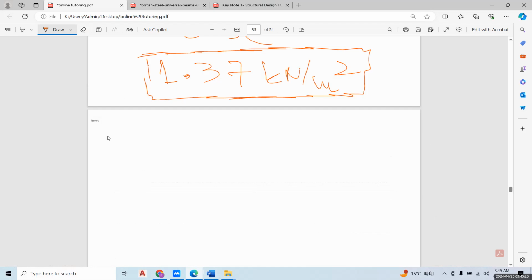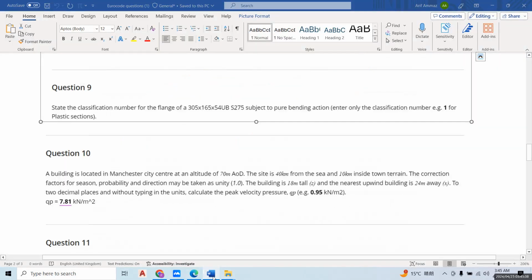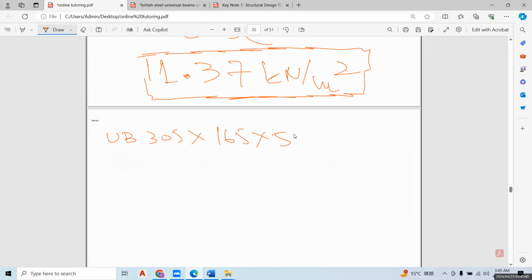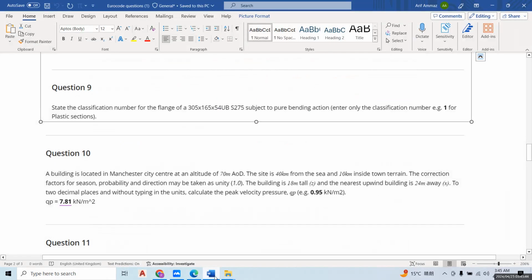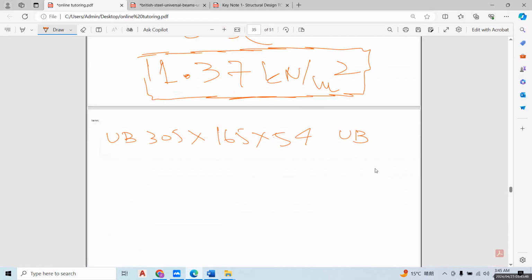305 multiply by 165 multiply by 54, UB section, and the grade is 275. You first need to see the section properties.